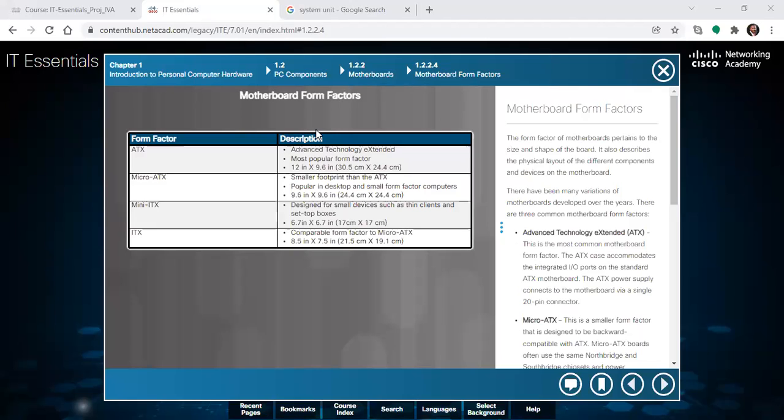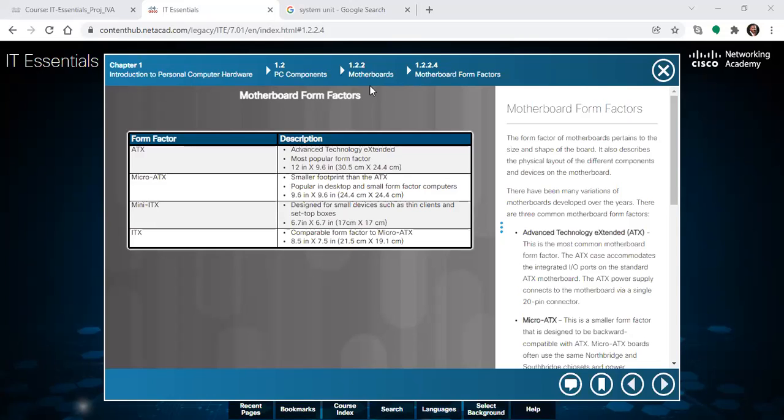Now, what is a form factor? Can somebody tell me what a form factor is? From the size, we can also say maybe the size of a hardware, the size or type of a hardware. All right, good.